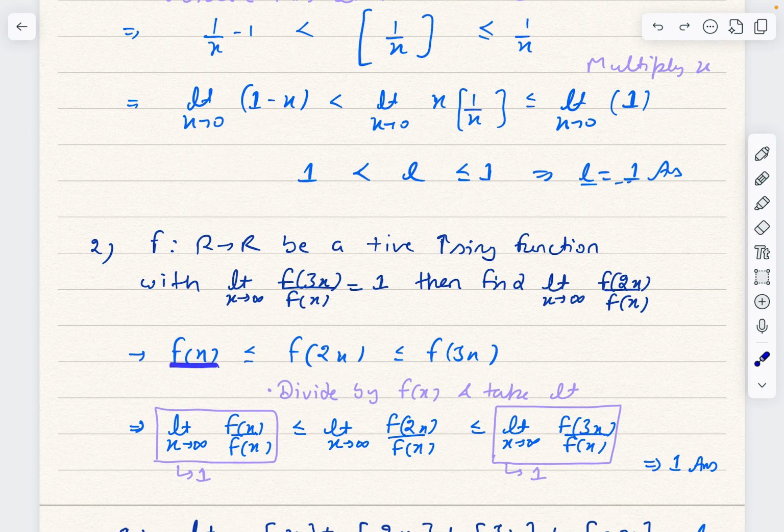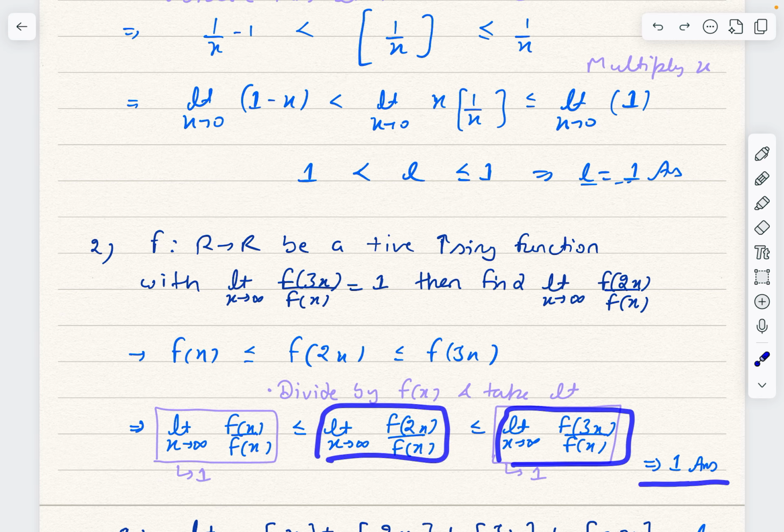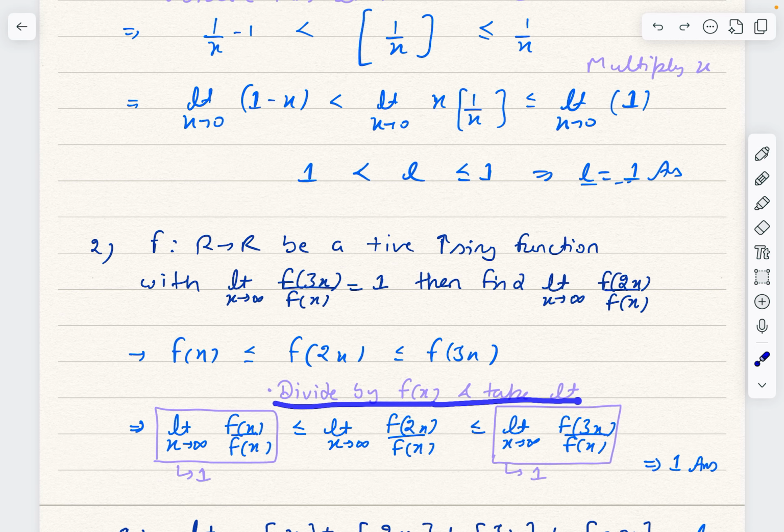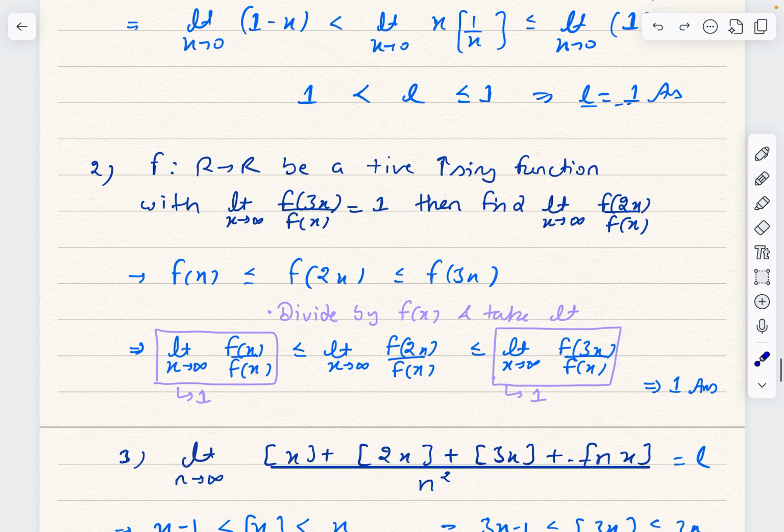When you divide by f of x here, you just get 1 only, as limit x tends to infinity. And this is already given as 1. So the middle one should also be 1 only. So the answer will just be 1. Okay, we can divide by f of x and take limit x tends to infinity. Next problem.